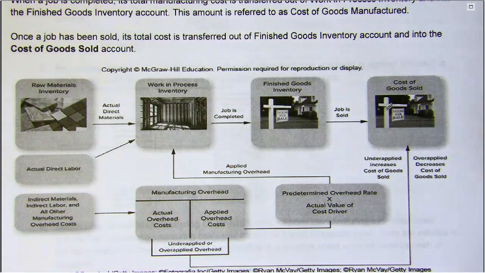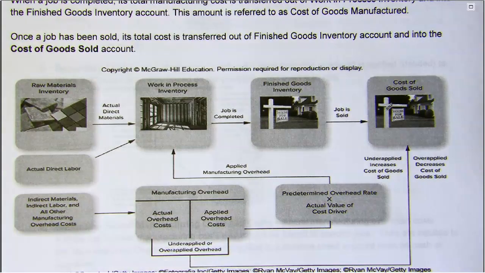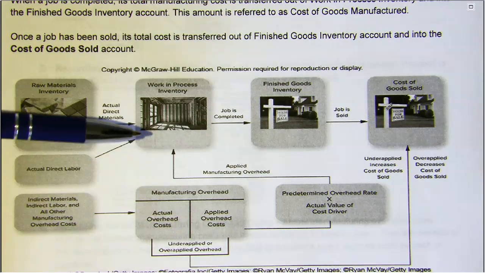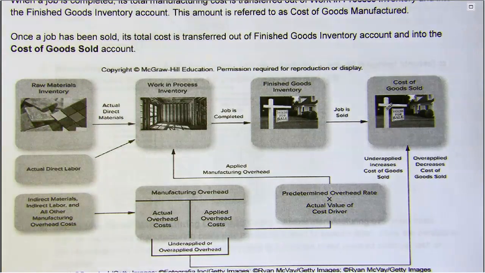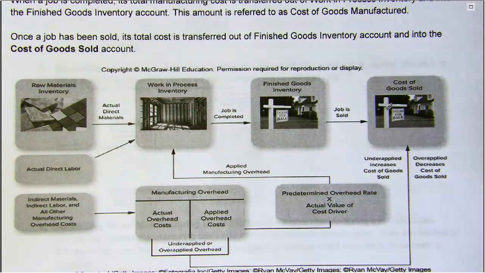But indirect materials get debited to the left side of the manufacturing overhead account. Actual direct labor, based on time tickets, gets debited to work in process inventory. Indirect labor gets debited to the manufacturing overhead account.